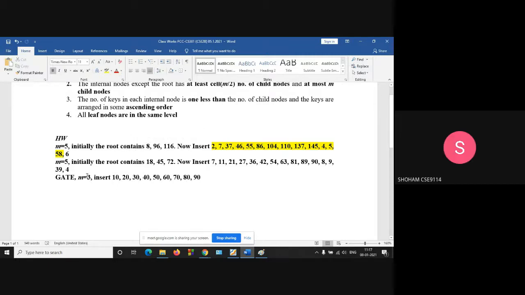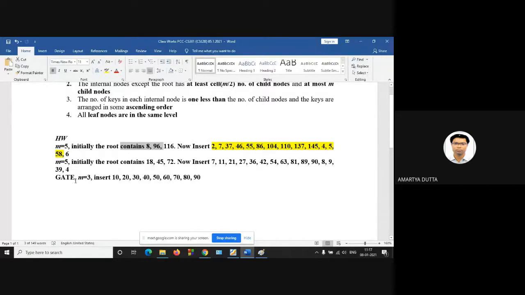So a B tree grows in the upward direction. How does it go downward? Actually, the splitting and the root, at the very initial step you have to insert at the lower step, then only can you increase your height in the upward direction.